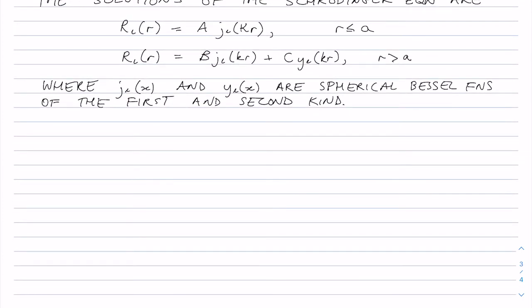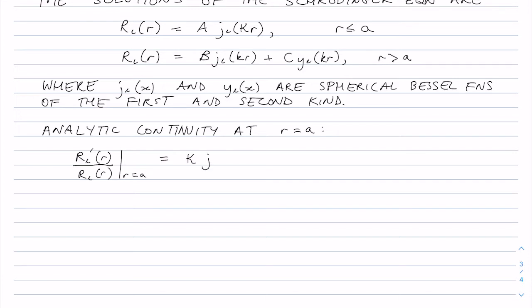Now we impose the boundary condition of analytic continuity at r equals a to get the relationship between B, C, and A. Analytic continuity is where you take the derivative of the function over the function at the boundary. This is just to get rid of the overall normalization factors inside and outside.